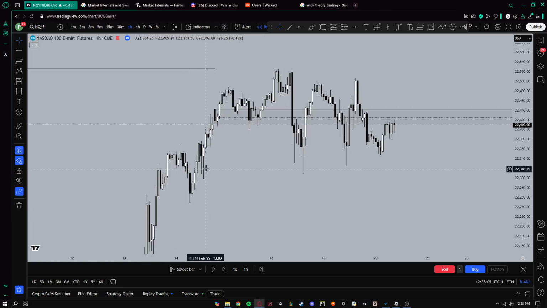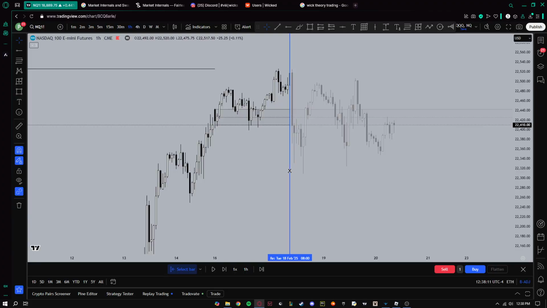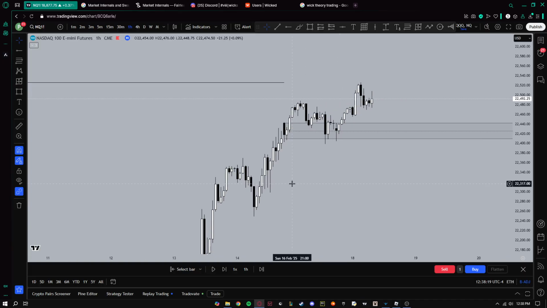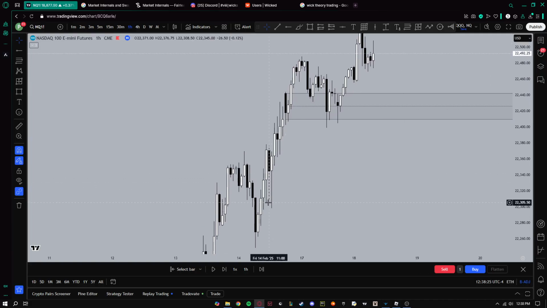We have this wick, correct? And let me actually go back to here. Yeah, we have this wick, and this one in particular, because it's a pretty big wick.